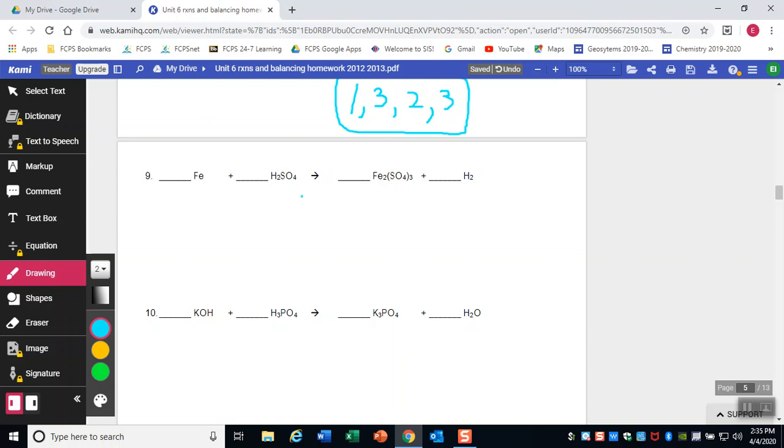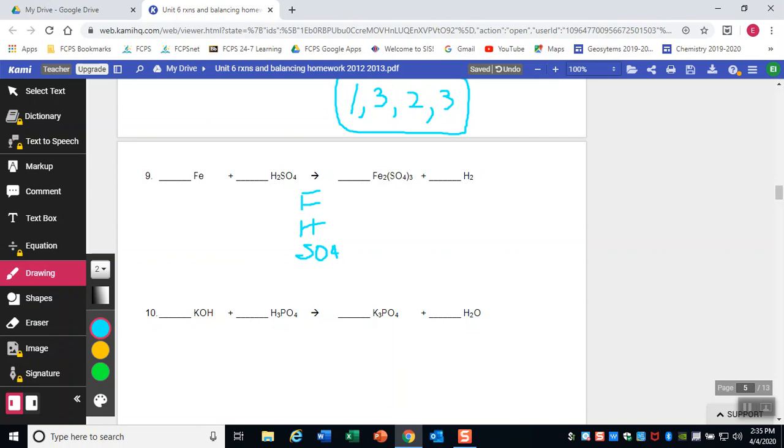I've got iron, hydrogen. Oh, here I have a polyatomic ion. You want to keep those all together, so I'm glad we did this one. All right. We might actually have to do another, we'll do the next one too.